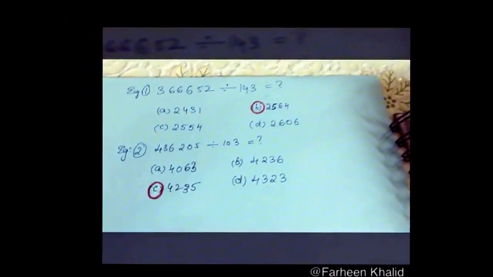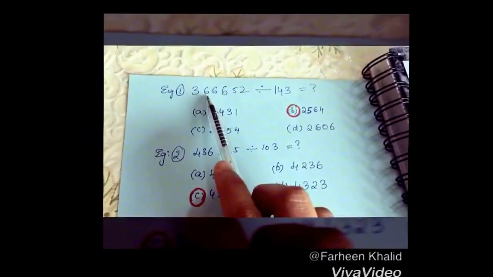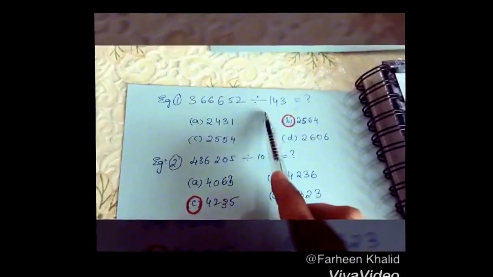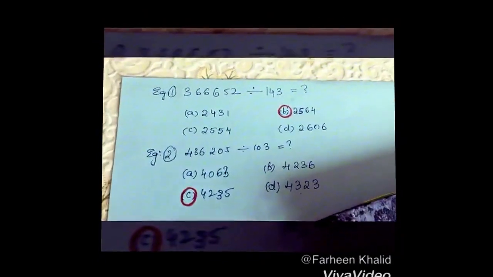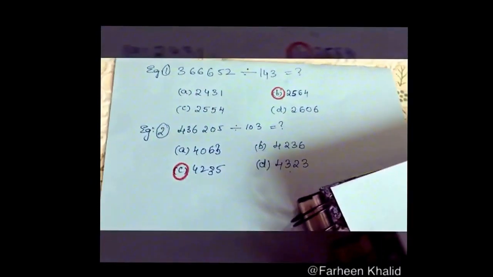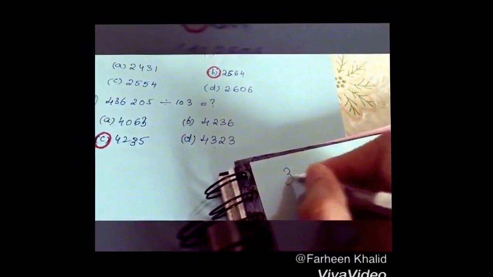So now let's check examples here. I have taken a few examples. Our first question says 366,652 divided by 143. Now that's going to be quite a lengthy one if we are going to do it in the traditional method. So let's see how we can find it in a faster way.